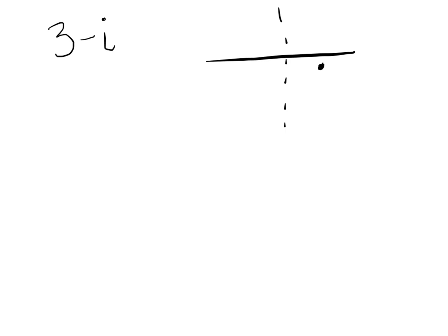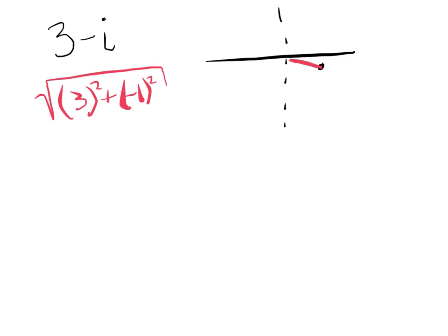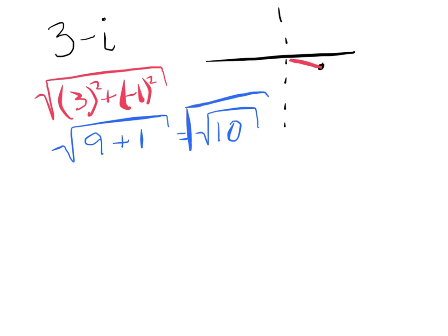If we want to find the magnitude, or the distance from 0, it looks like we are going to have the square root of 3 squared plus -1 squared. This is going to be the square root of 9 plus 1, which is the square root of 10. Are there any perfect squares that go into 10? Nope. So we're done. The square root of 10 is the magnitude of the complex number 3 minus i.